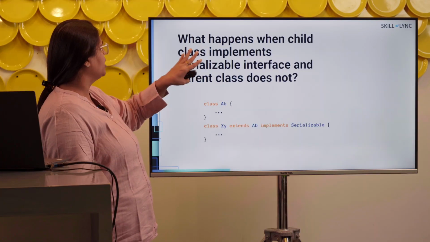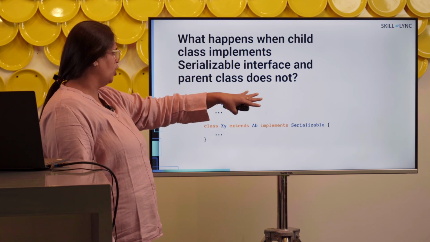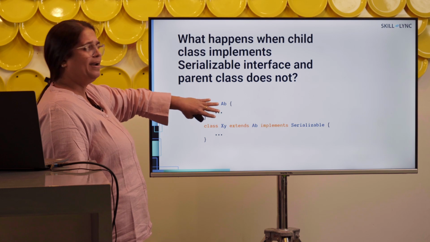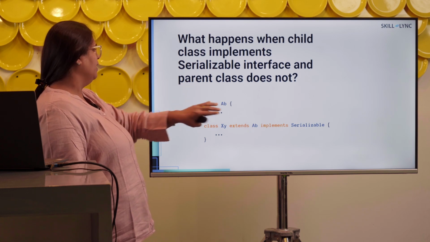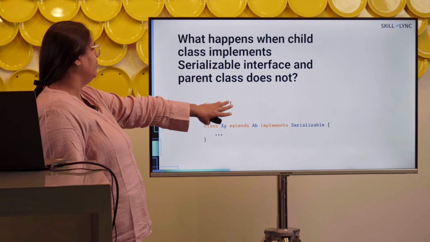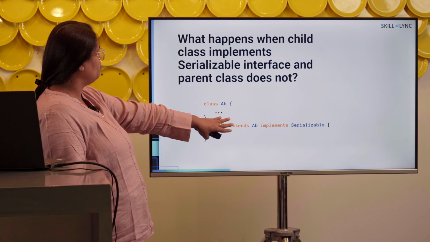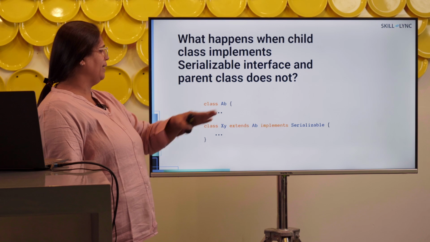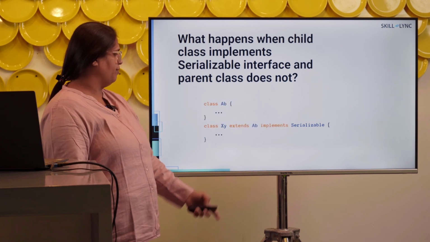What happens when the child class implements Serializable and the parent class does not? What happens here is any instance variable of the parent class, only the default value gets copied onto the file. Any change in the value, no changes will be copied onto the file. Whereas any changes made to any variable within the child class will get copied onto the text file because it is implementing the Serializable interface.